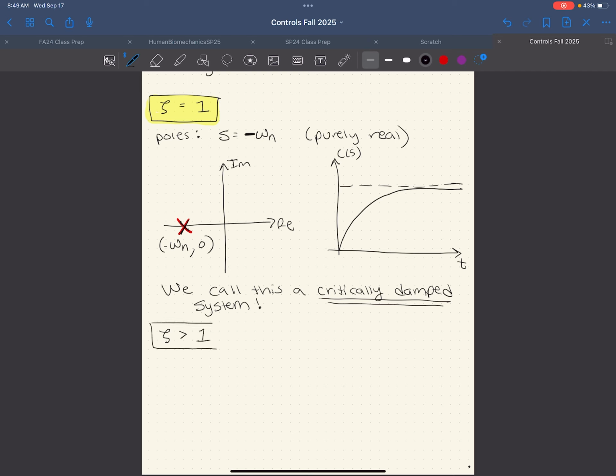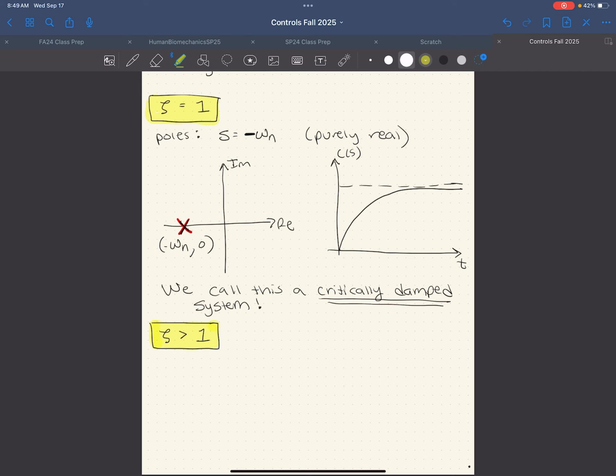Now, some people in class asked, is it possible for zeta to be less than 0? And it turns out, yes, it can be for systems with energy injection. So zeta as a value greater than 0 talks about energy that is being sapped away from the system. It's being damped in some way.